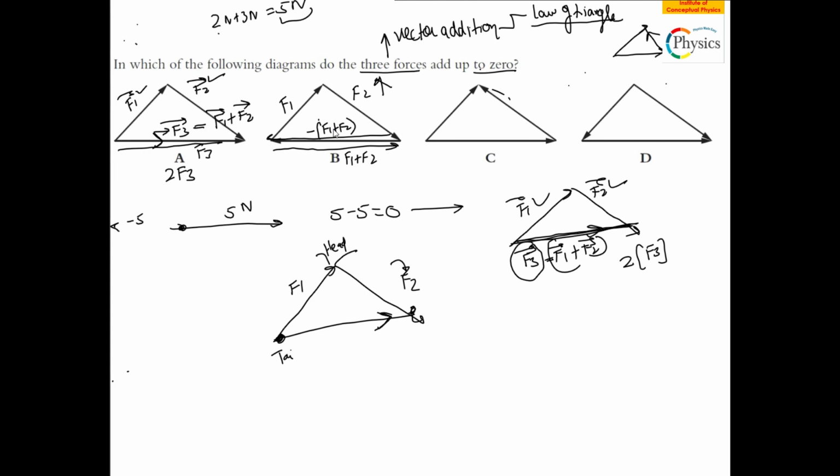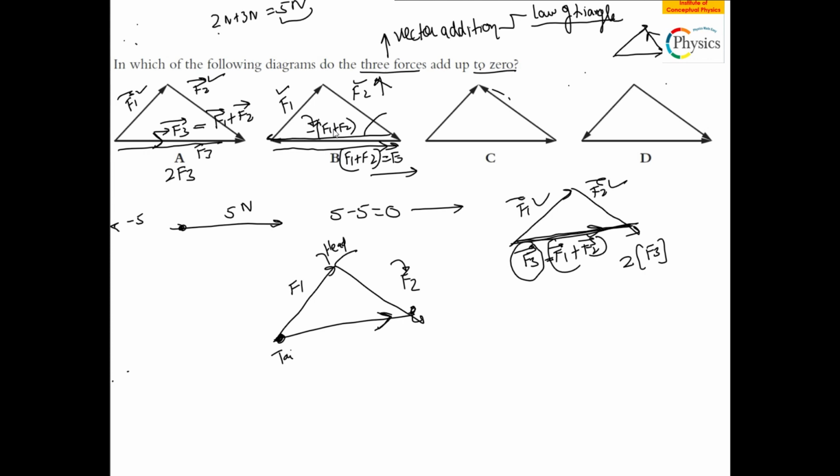Of course, the third force, which is F3, in the right hand direction, will cancel this force, right? So the resultant of F1 and F2 is rightward, and the third force given in the question, which is the third side of the triangle, is in the opposite direction. So you do get a 0 actually.